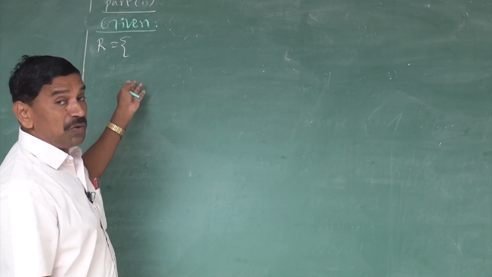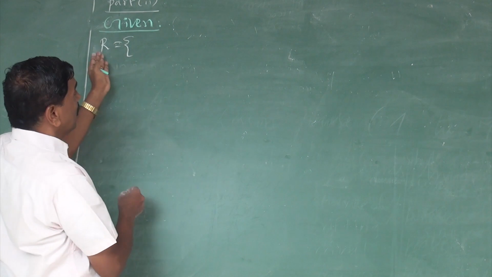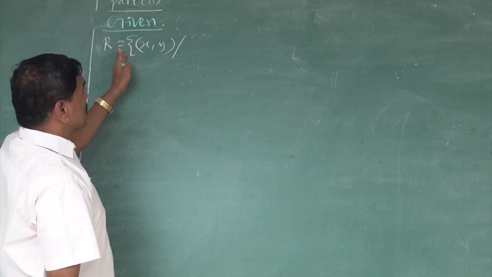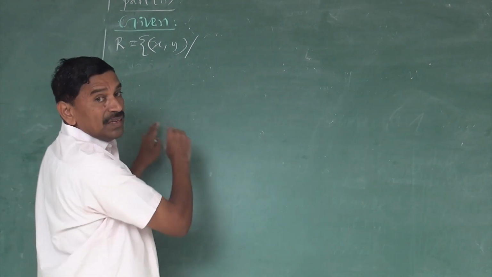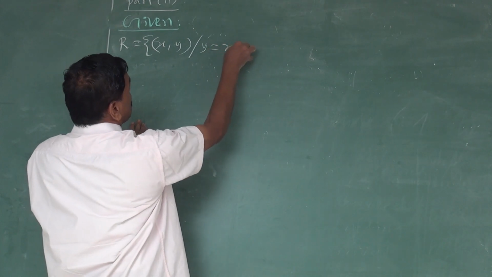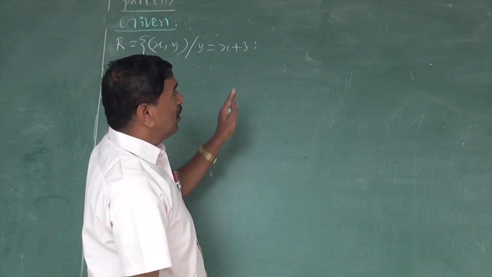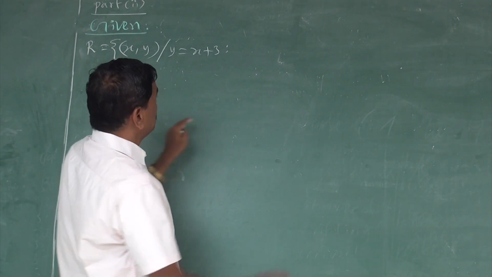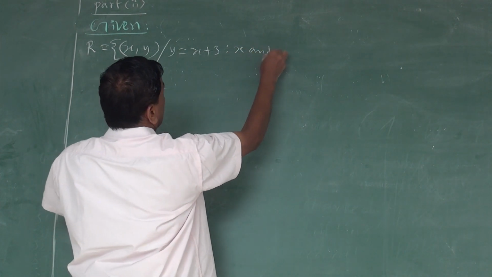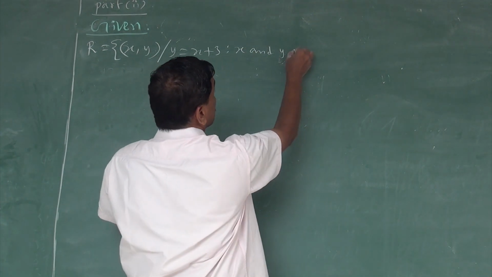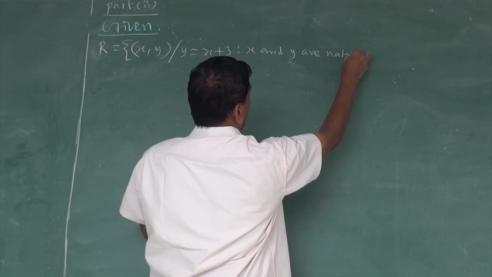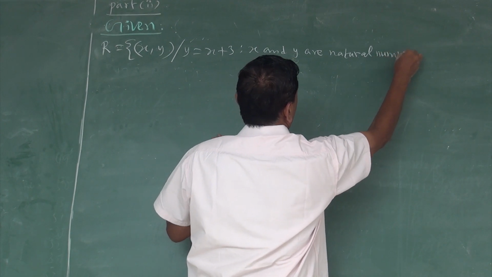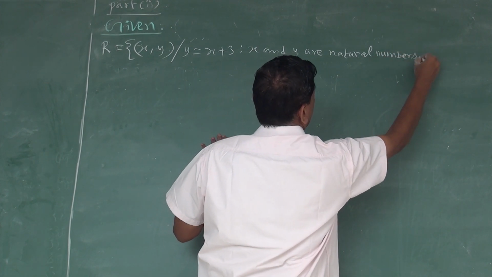What is the set builder form given in the question? Yes. The relation R is equal to x, y such that y is equal to x plus 3, comma, both x and y are natural numbers less than 10.